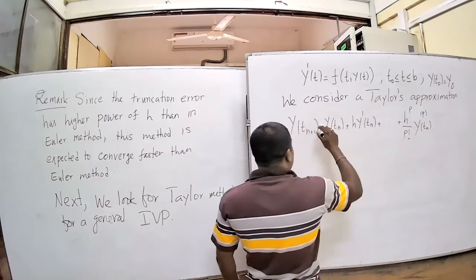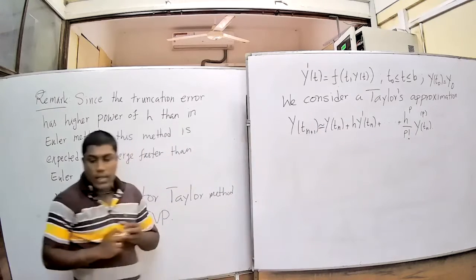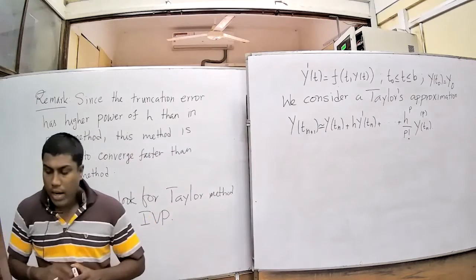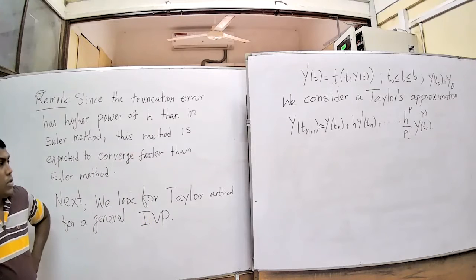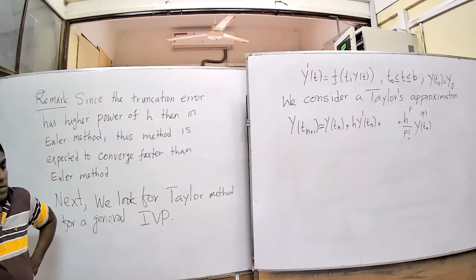So this is an approximation. Let us consider the Taylor's approximation up to the pth derivative. In this case, you can see that the truncation error is this.